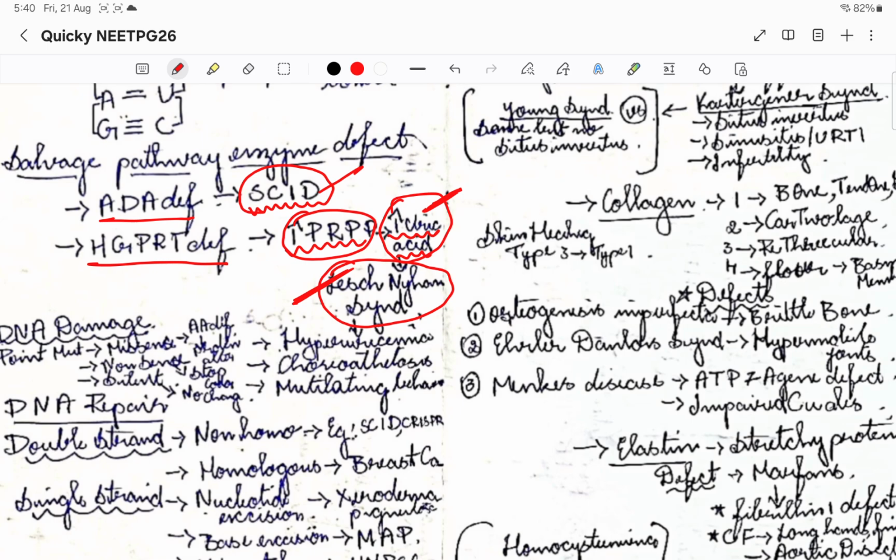In that pathway, ADA and HGPRT are two enzymes that are required. If ADA deficiency is there, it is going to lead to severe combined immunodeficiency, whereas HGPRT is also an enzyme in that pathway. If there is a deficiency in that, it is going to increase the uric acid, which is going to lead to Lesch-Nyhan syndrome.